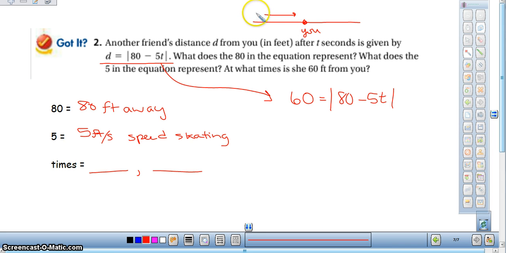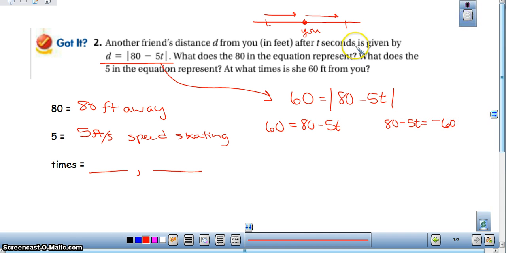She was 80 feet from you, and now she goes past you. So we're looking for the 2 times, and in this case, 60 equals 80 minus 5t. The second one is going to be 80 minus 5t, and this time instead of equaling 60, it has to equal the opposite, negative 60.